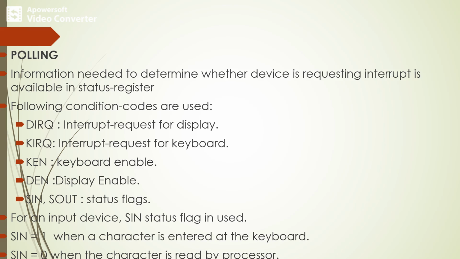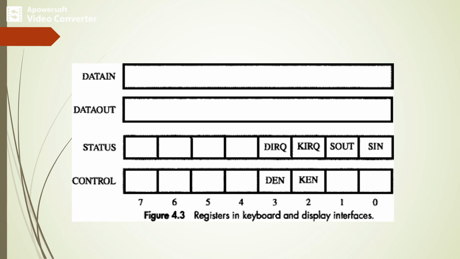For an input device, the SIN status flag is used. SIN is equal to 1 when a character is entered at the keyboard, and SIN is 0 when the character is read by the processor. Here we can observe data in and data out, two buffer registers, followed by the status register and control register.